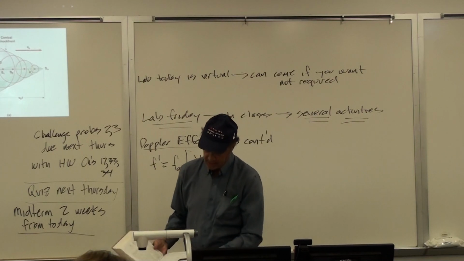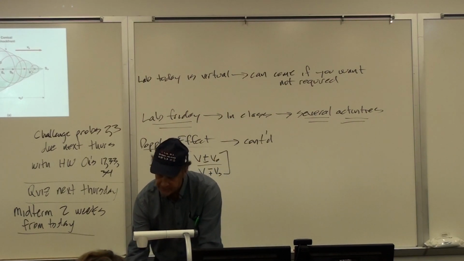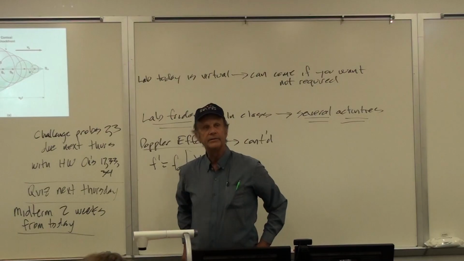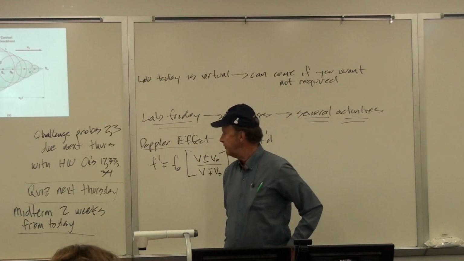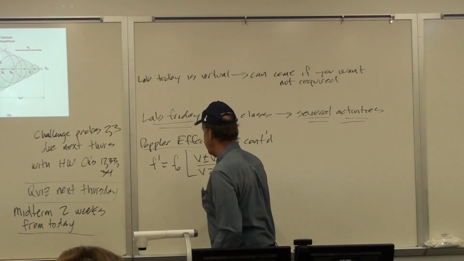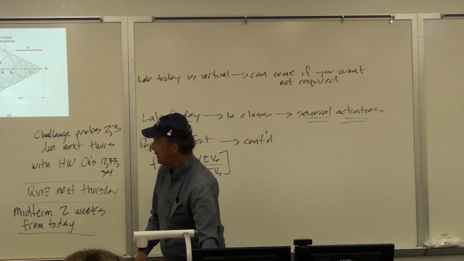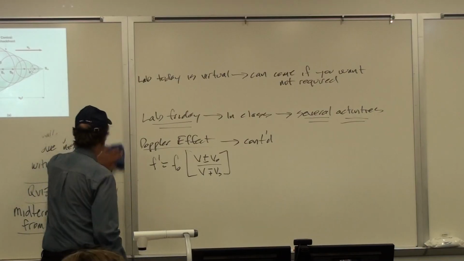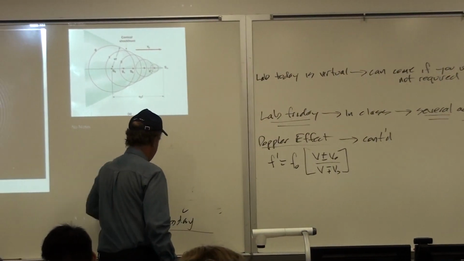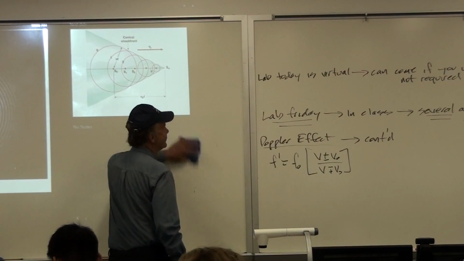And so if we have that kind of a situation, then that could also be applied to ultrasound. And so I wanted to just look at an ultrasound application of this, because that's kind of a fun one. And it's a little bit of a twist on what we've learned so far.